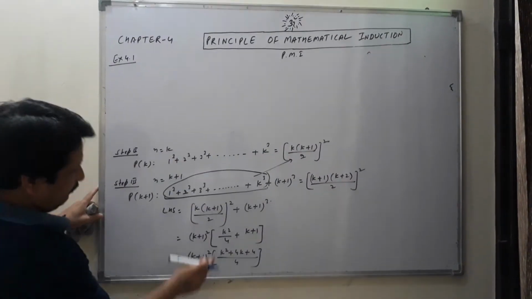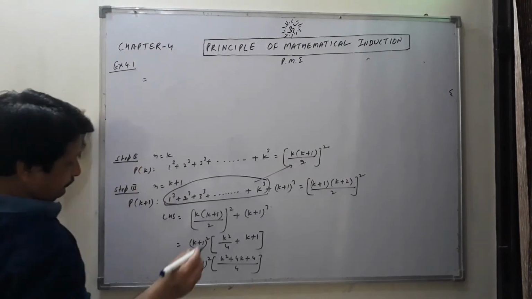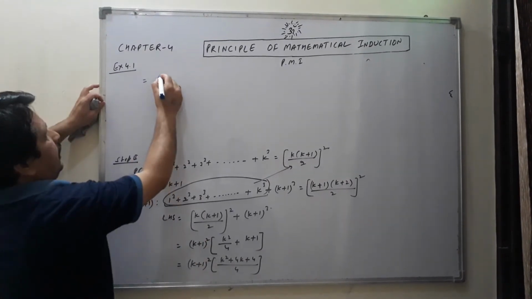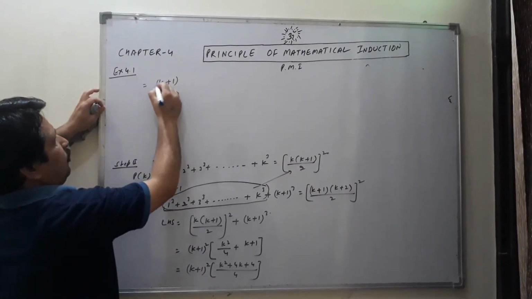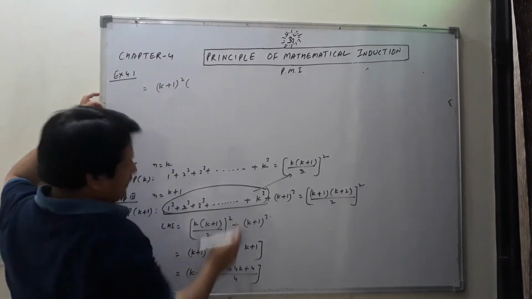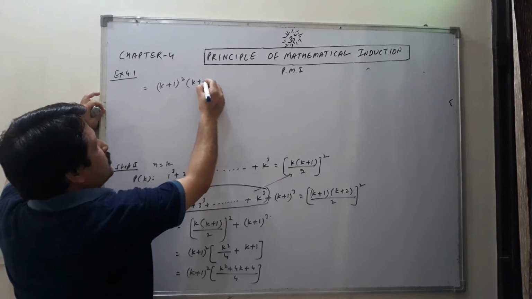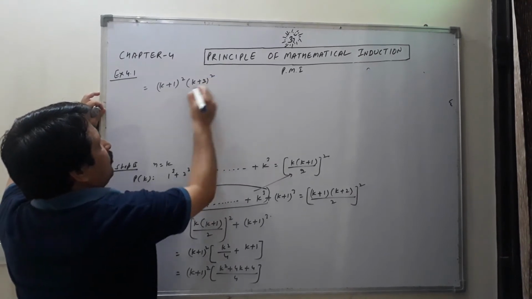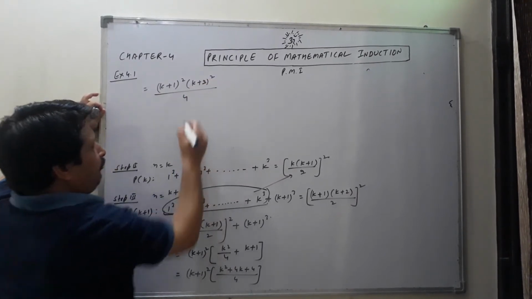Now this is equal to k plus 1 whole square, and here if you see, students, this is the whole square of k plus 2, upon 4.